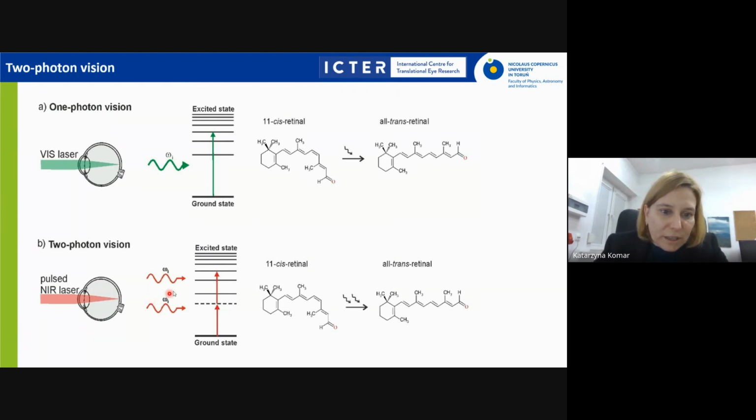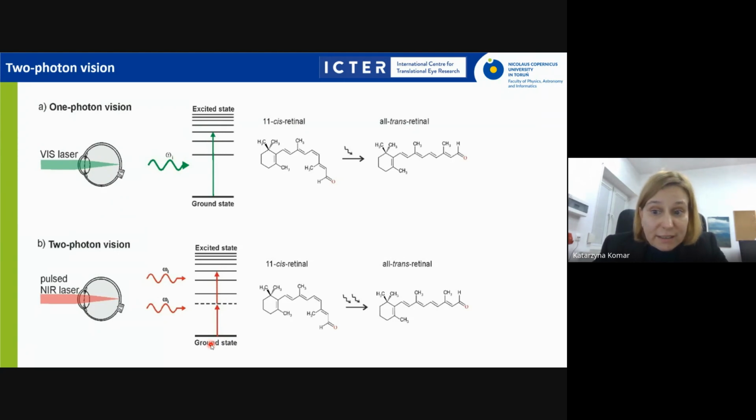And then the molecule goes from ground state to excited energy level, but this change corresponds to the sum of energy of both photons.